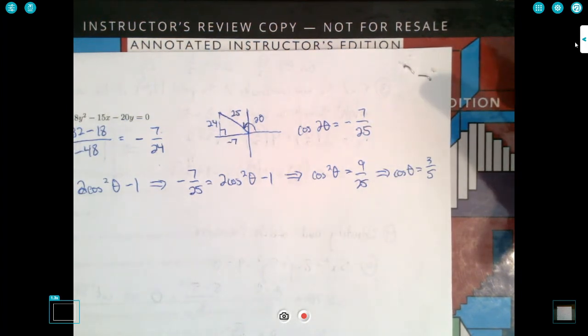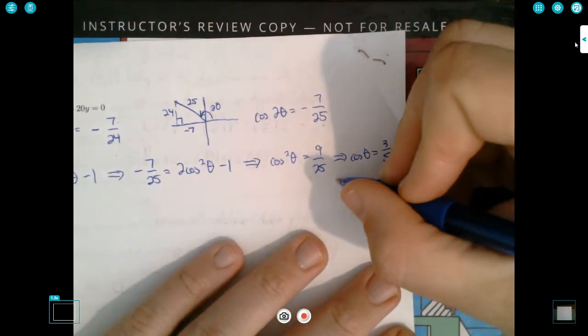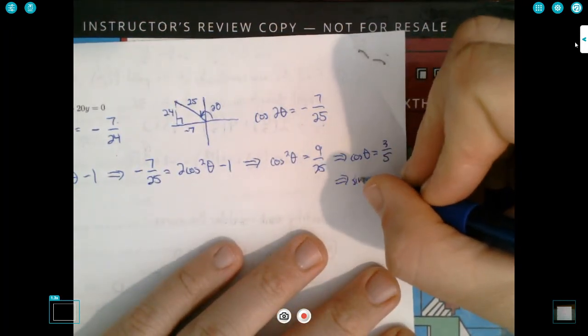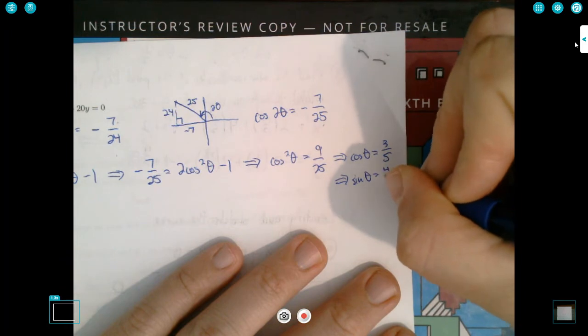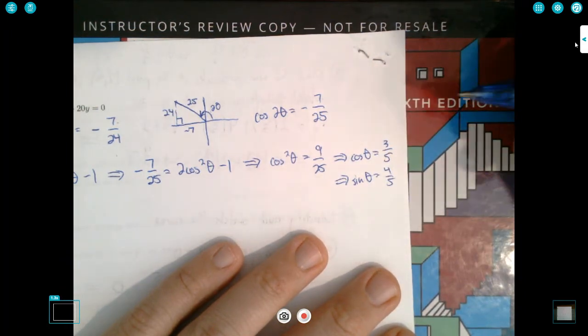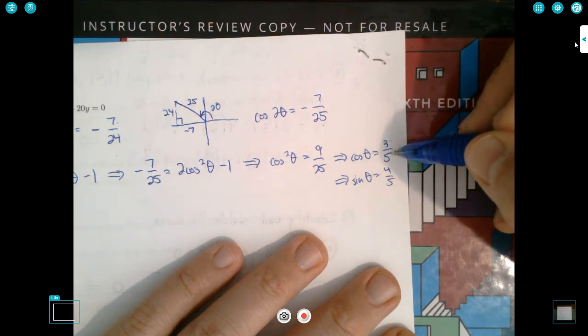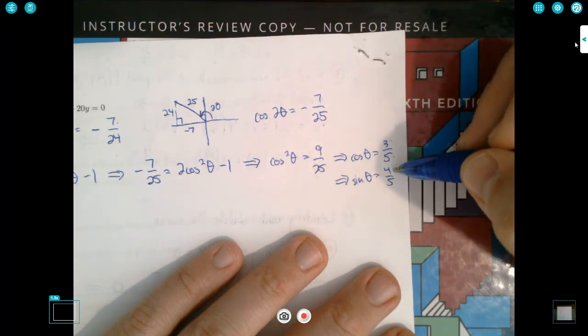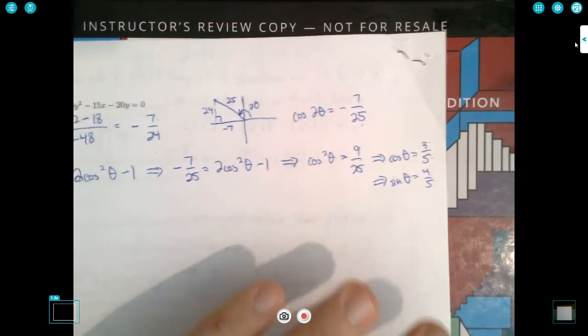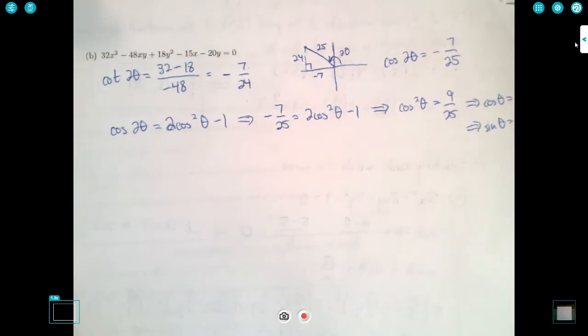All right. If cosine theta is 3/5, then sine theta is 4/5, right? This is just a special 3, 4, 5 triangle. If you don't believe me, you can draw the triangle, label the adjacent side 3, the hypotenuse 5, solve for the opposite side, and you'll see that it's 4 using the Pythagorean theorem.